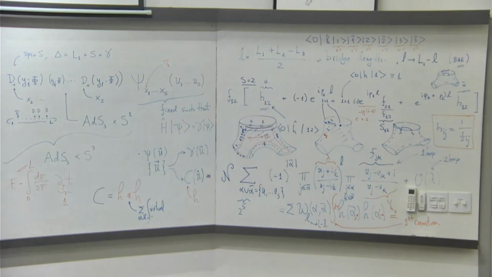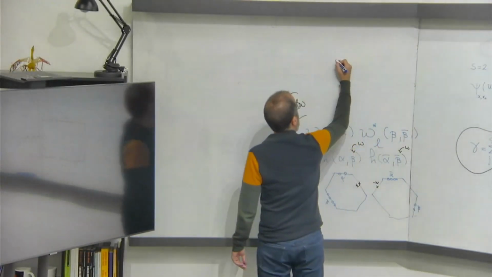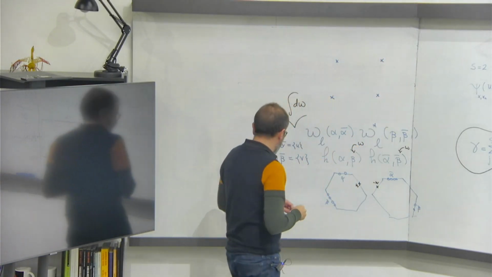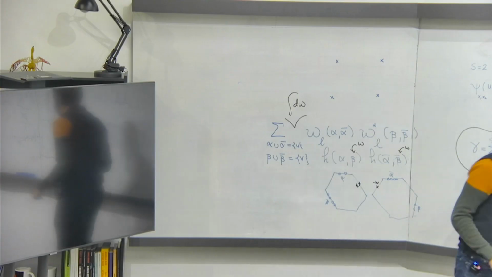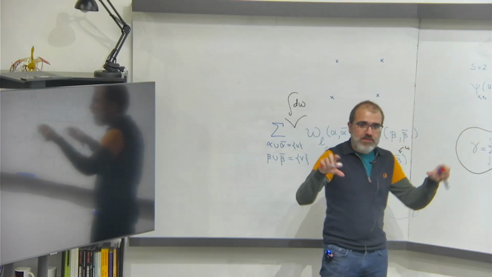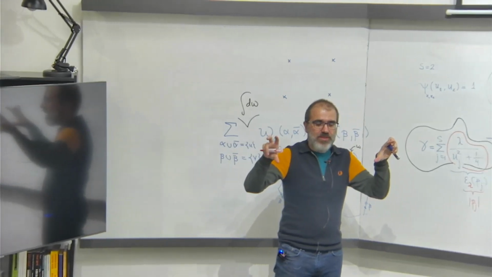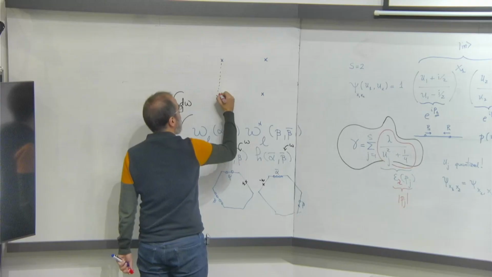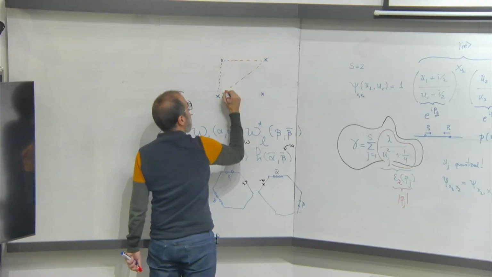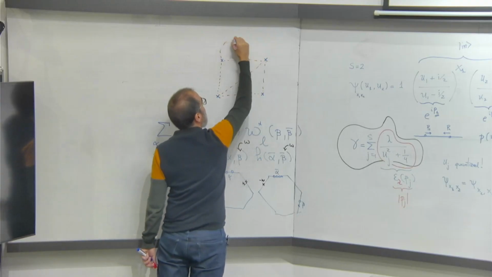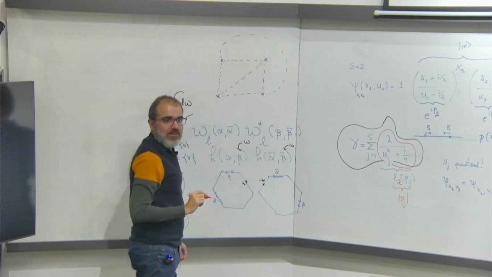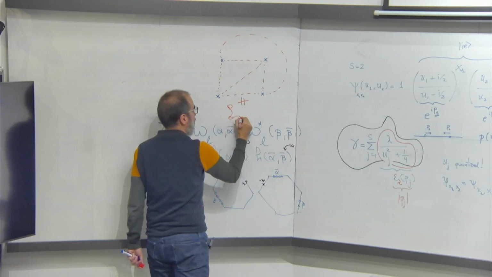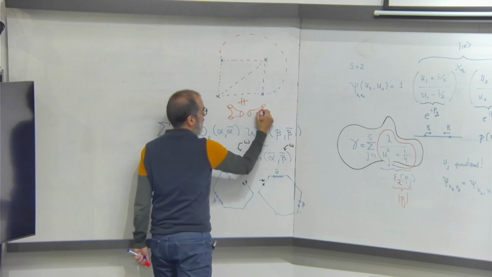The way you consider these 4-point functions is by cutting into hexagons again, but you don't cut it into two pairs of pants. It's not like in the OPE where you cut one and you cut another. No, the way you cut is really triangulating the surface. It's very different from the usual three-point function, right?